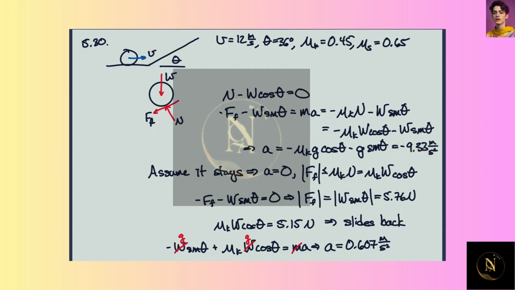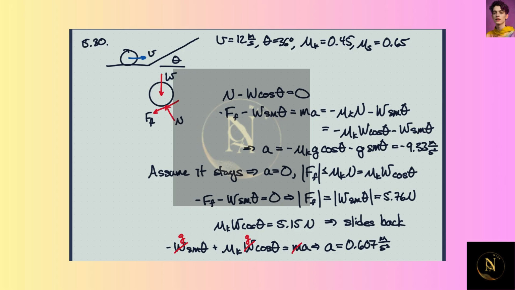Because if the friction force is acting back, so it's going up here, and the weight is acting down, we could have a value that is greater than g, I believe. I think it would work out so that mu k cosine theta plus sine theta could be greater than 1. Anyway, so that's kind of an interesting observation. Here it's slightly less than g.